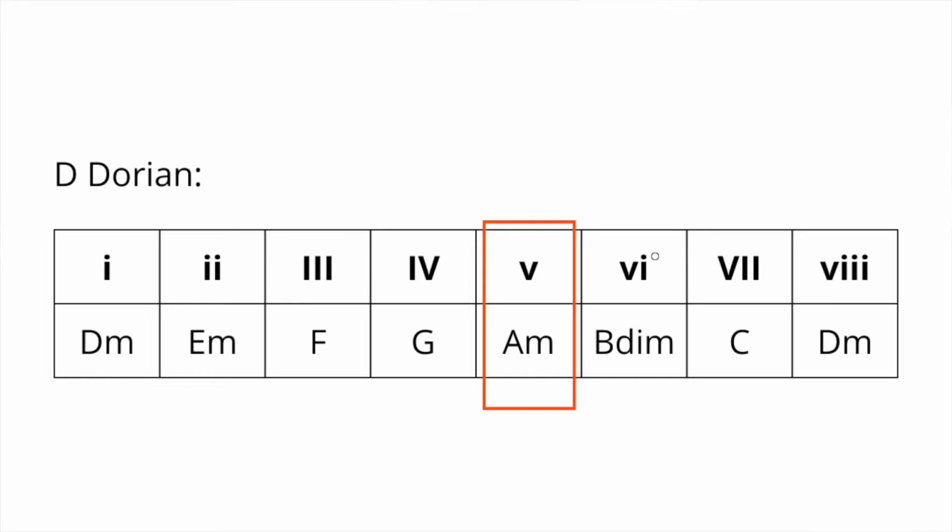The 5 would be A minor. The 6 would be the diminished. The 7 would be the C. And back to the 1 there, on the D minor. So D minor is the 1, which means every other chord sort of moved back 1, I should say. Okay, this makes all the difference in the world. So they're the chords we've got to choose from.